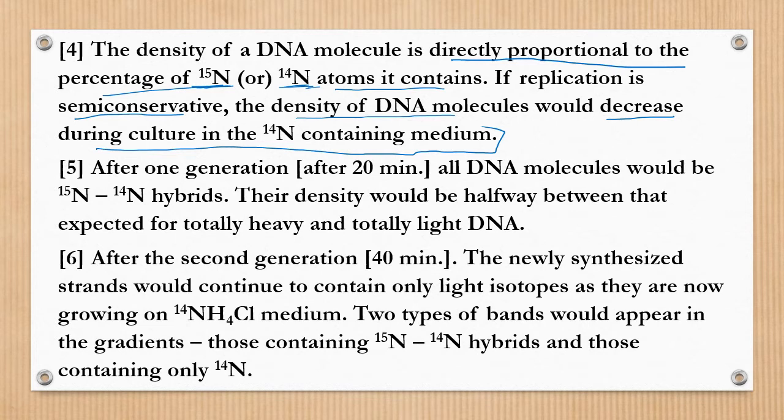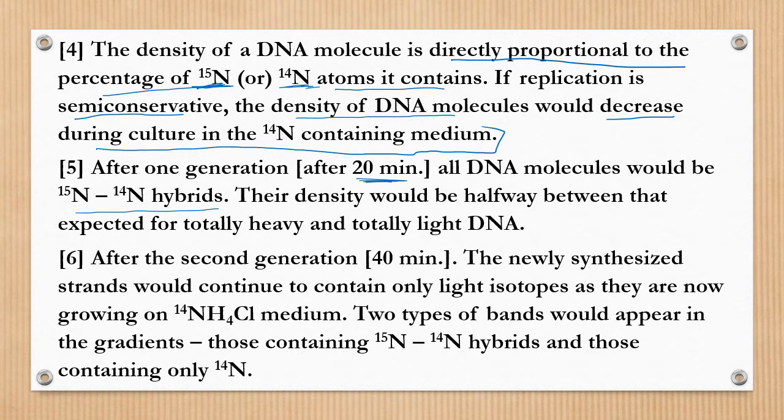Which density? The N15 density decreases generation after generation. We saw in the first generation 50% with heavy DNA, but in the second or third generation it becomes 25%, so it gradually decreases. After one generation, that means 20 minutes, as Escherichia coli completes its life cycle every 20 minutes, all DNA molecules would be hybrid in the first generation.